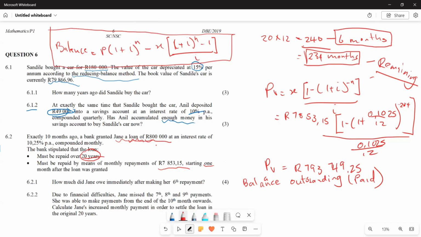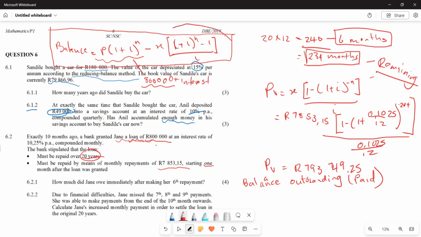So this here now represents the money. Remember when you are given a loan, let's say for 20 years, it doesn't necessarily mean that if you borrowed the 800,000, when you pay back, you are still paying back the 800,000. So this is going to be the 800,000 plus the interest that it's going to earn, and then subtract this, which is going to be the future value.